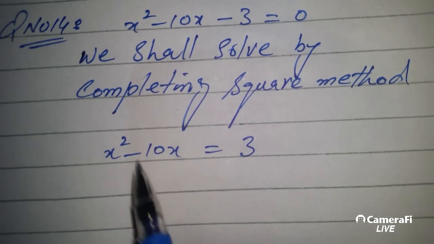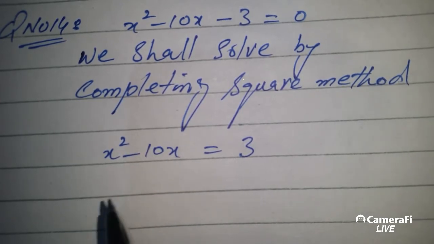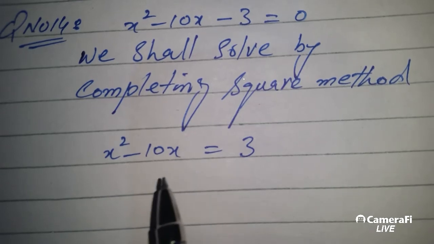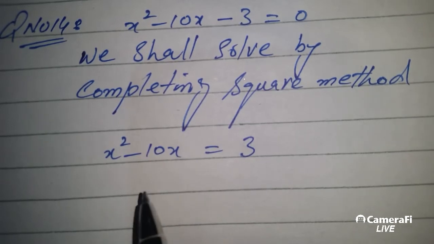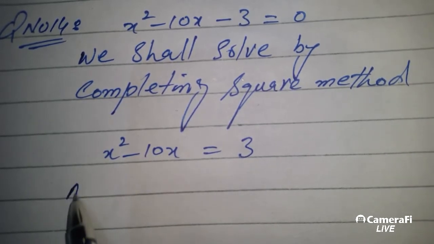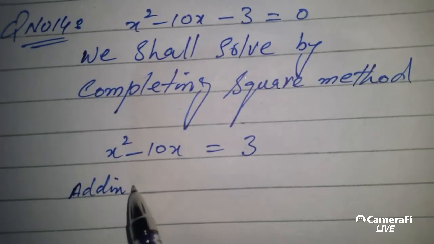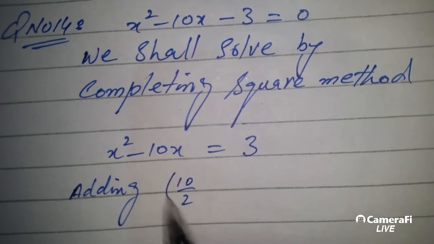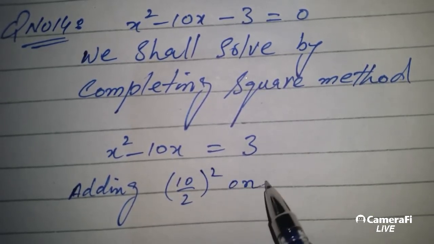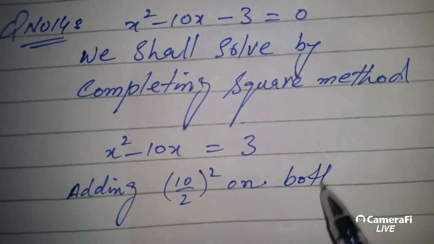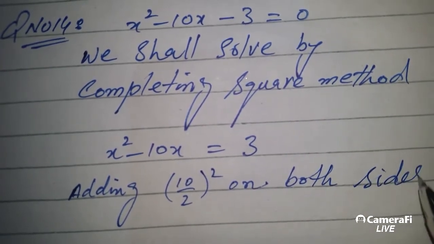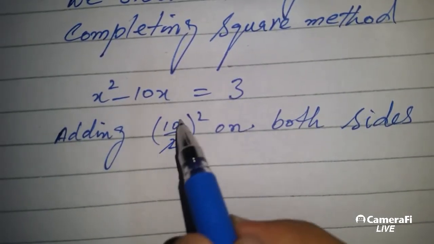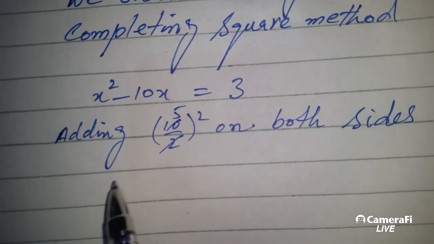So the next thing is the coefficient of x, we just take half of that and add it. For example, we have 10 here, so I can just add (10 by 2) square on both sides, that is 5 square on both sides.